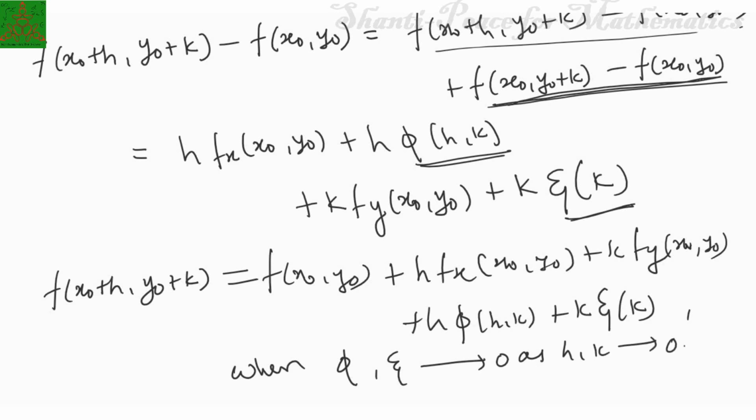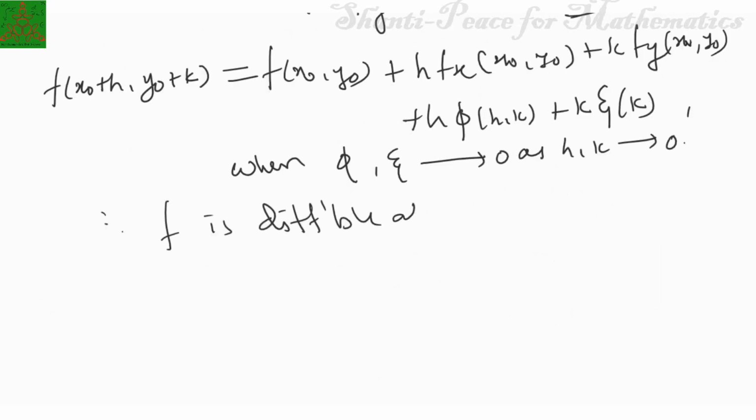So that proves that f is differentiable at point (x0, y0). If you have not understood this theorem yet, please repeat the video and sit down with a notepad and write it down step by step. Definitely you will understand that.